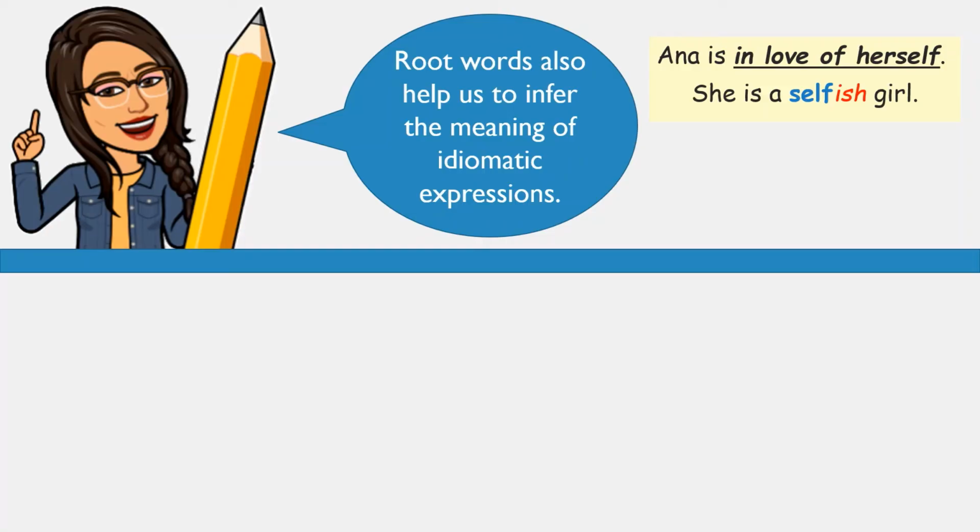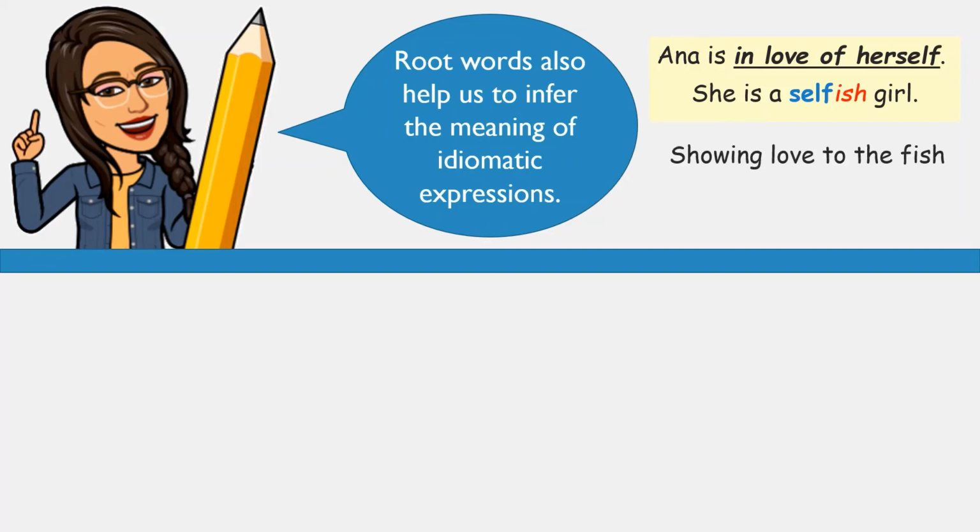You have the expression in love of herself, and your clue is selfish. Self, which is a root word, and then ish as the suffix. What do you think is the meaning of in love of herself with the root word self in the clue?